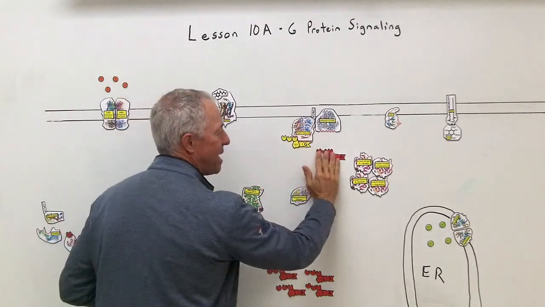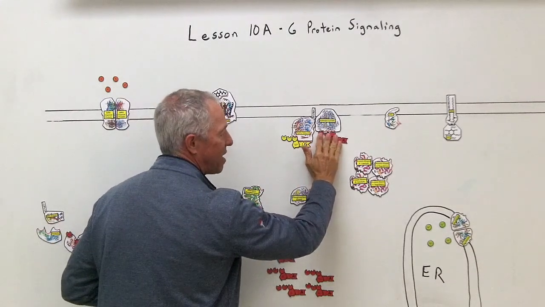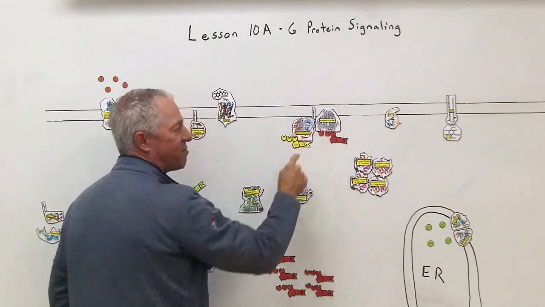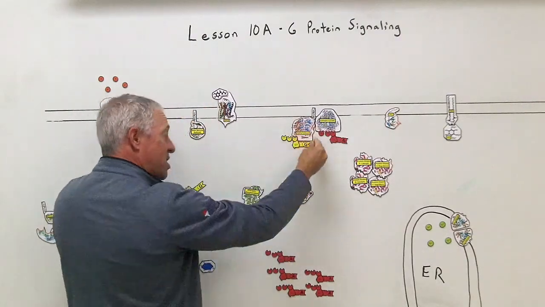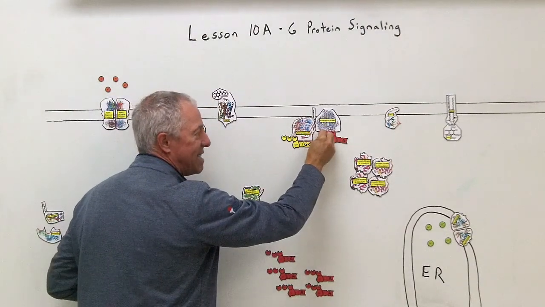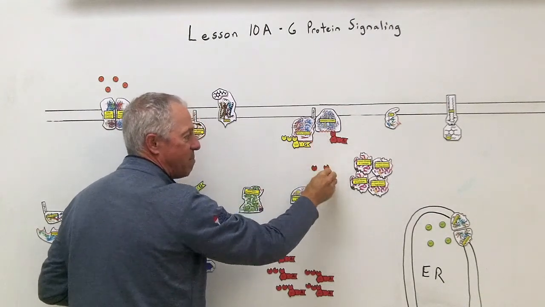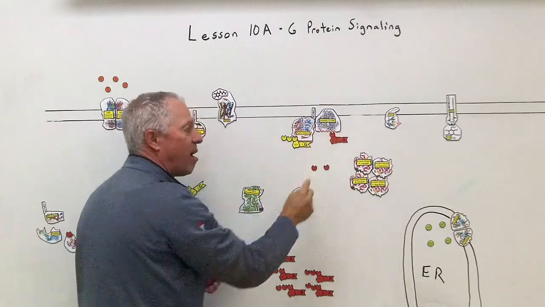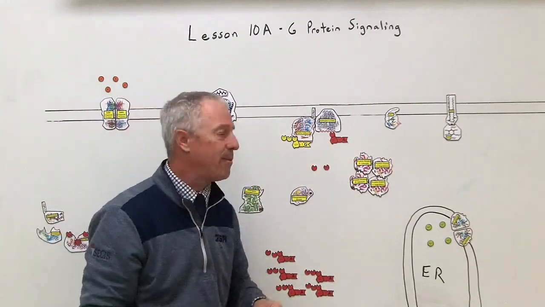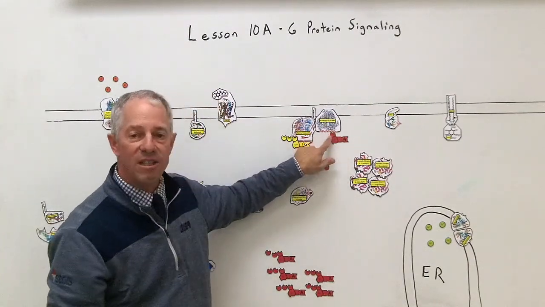The ATP attaches to the adenylyl cyclase right here at the active site. The adenylyl cyclase will tear apart the ATP, take off the phosphates, and form a new molecule called AMP, adenosine monophosphate.